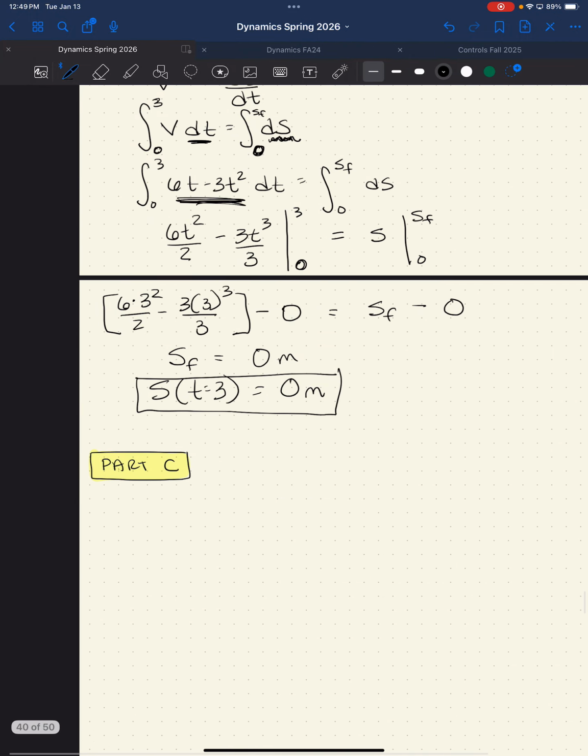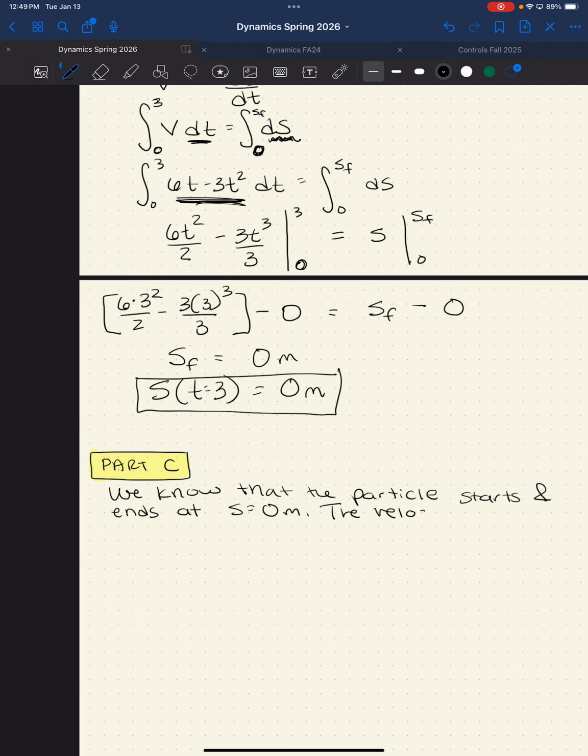Let me give a little bit of logic here. We know that the particle starts and ends at s equals 0 meters.